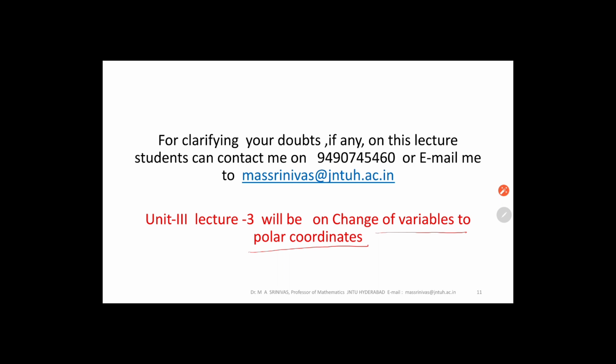But once you change from Cartesian coordinates to polar coordinates, the region of integration won't change, only how we look at it changes. We'll discuss all those things in the next lecture, the change of variables to polar coordinates. In two dimensions we have polar coordinates. In three dimensions we have spherical polar coordinates and cylindrical polar coordinates. We discuss all those things in the next lecture.